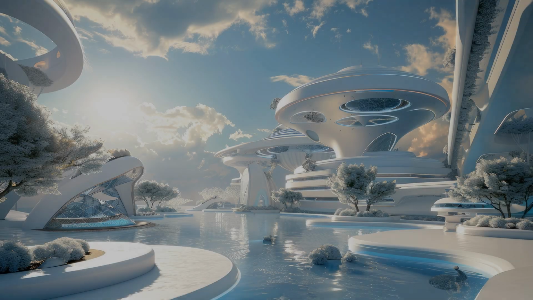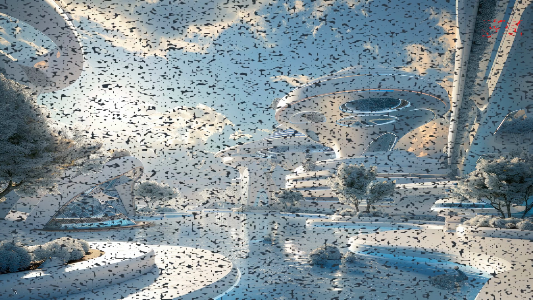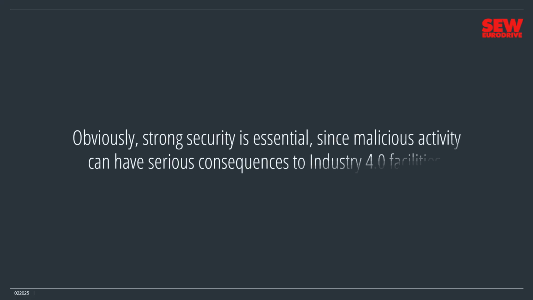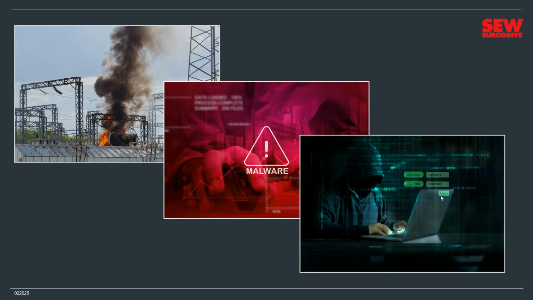Now, before we get all excited by this tale of a technological utopia, we need to apply the brakes and consider the risks. Obviously, strong security is essential since malicious activity can have serious consequences to Industry 4.0 facilities. By making every device potentially reachable on the network, we open the door to sabotage, malware, exploitation, and theft.